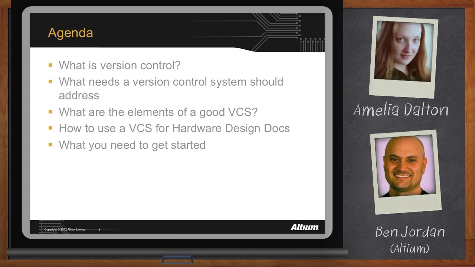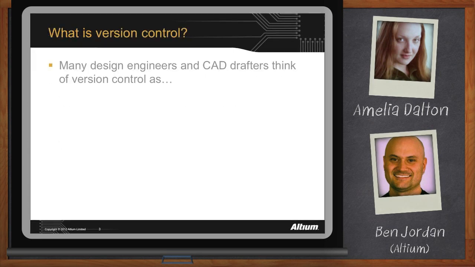Okay, great. So we've all heard of version control, but it might help if we start with a more specific definition. What do you mean when you say version control? That's a good question, and I'll start by saying when I talk to a lot of electrical engineers and CAD draftspeople and PCB designers, a lot of them think of version control as some form of document control or document management.